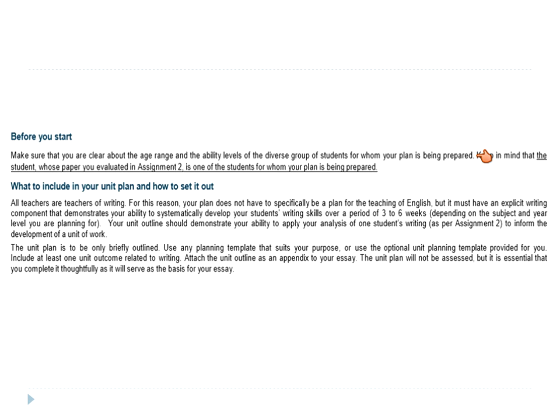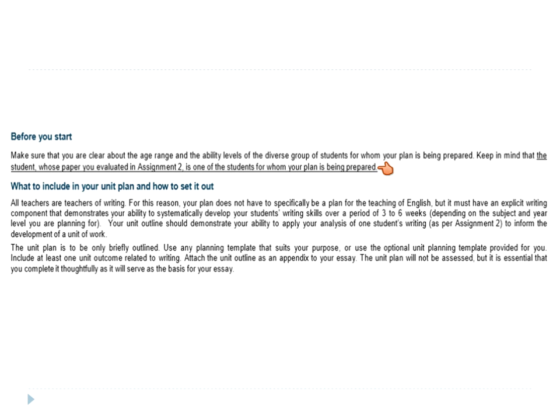Keeping it simple is fine, to make sure that you pass. Feel free to adjust as you can manage, put it that way. Keep in mind that the student, and this is important, whose paper you evaluated in Assignment 2 is one of the students for whom your plan is being prepared.